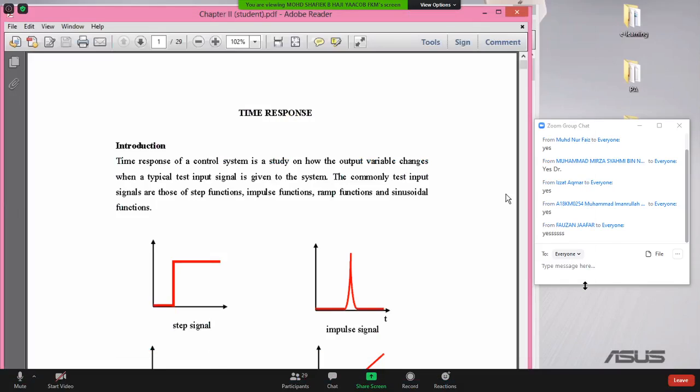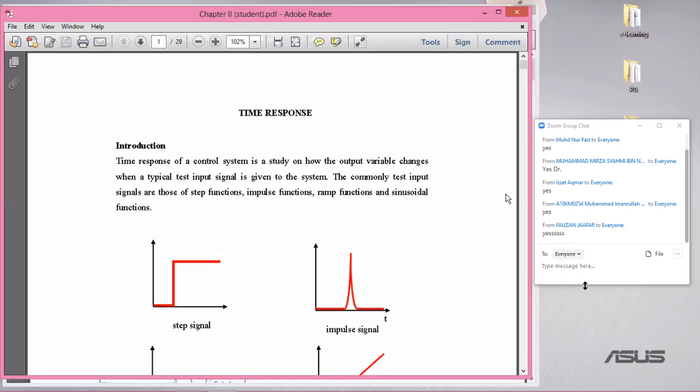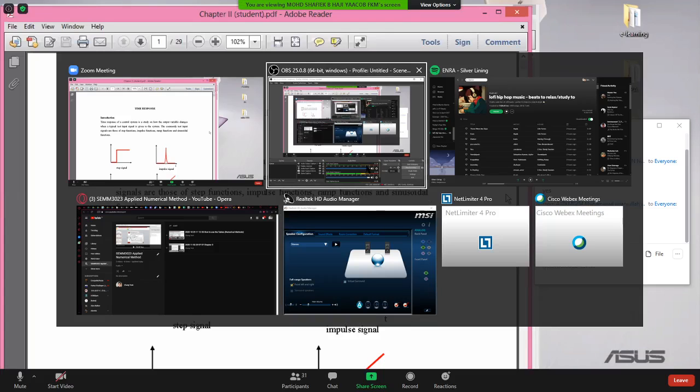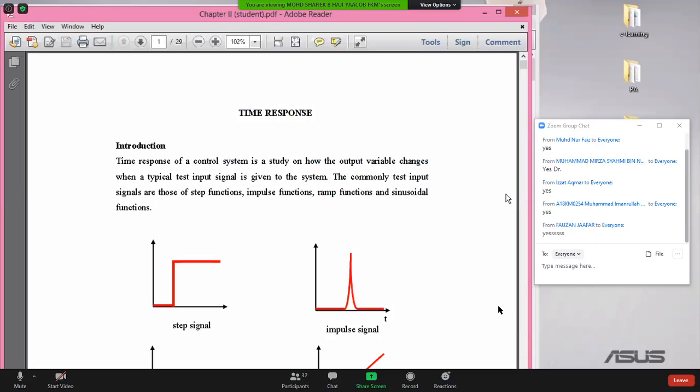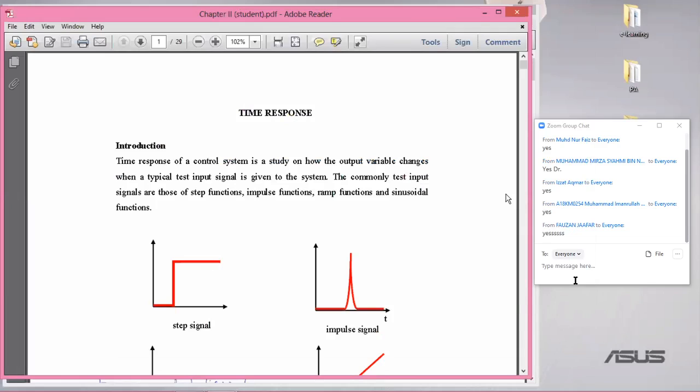Okay, so far we are done with chapter 1, which is the mathematical modeling of control system. Now that we have the model, before that, what is a mathematical model anyway? A mathematical model is just the relationship between input variable and output variable in terms of equation.